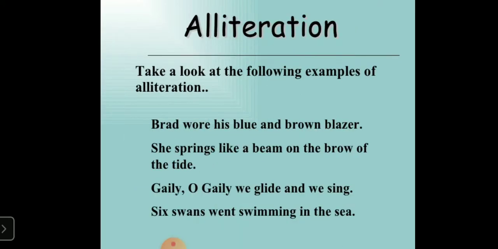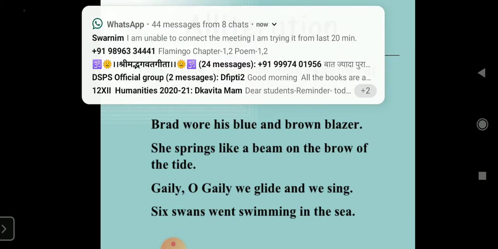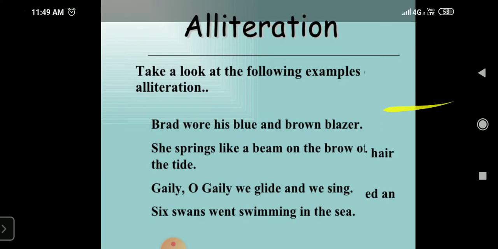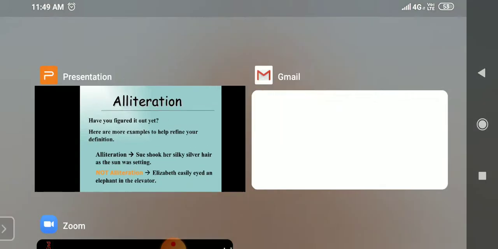Let's check out. Might be certain students are waiting over there. Although you all should be on appointed time. Just a moment. I have to go back to the waiting room to check whether certain students are there.